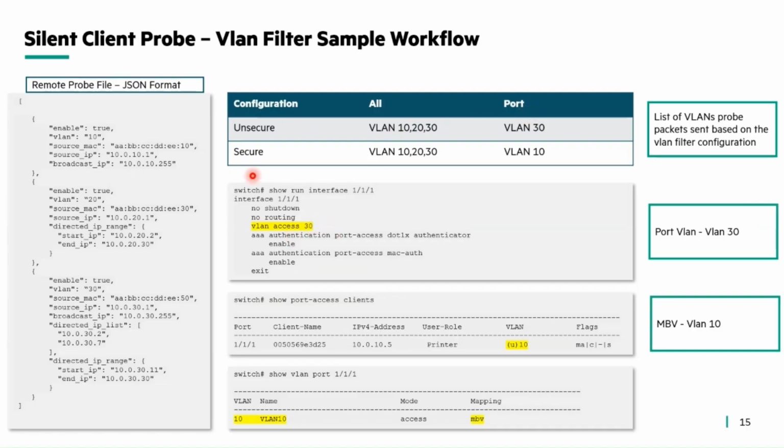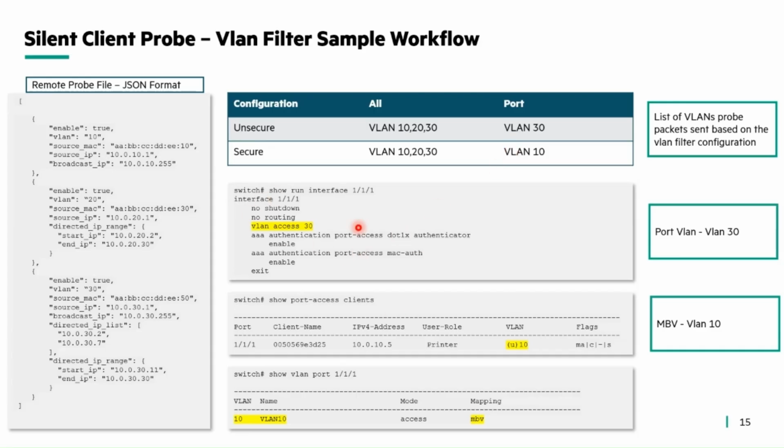So next is the secure method. In secure method, what happens is similar to unsecure: when the option is set as all, whatever VLANs are configured in the probe profile, the probe packets will be sent in all of them. When you set the option as port, you need to check which is the MBV VLAN for this particular port.